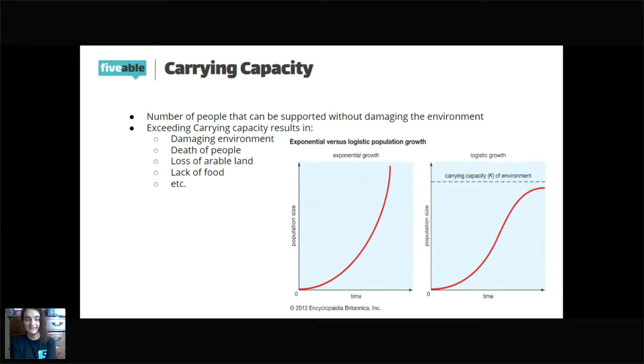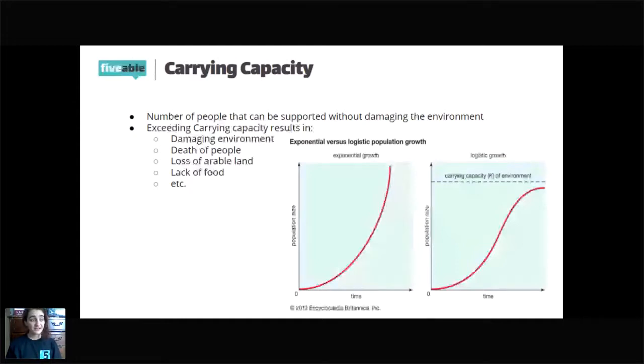Exceeding the carrying capacity can result in damaging the environment, and even the death of people. We'll talk about COVID-19 in the next slide. It's similar to carrying capacity of our healthcare system. It's a great comparison, basically the same thing, but we're applying it to our health system.